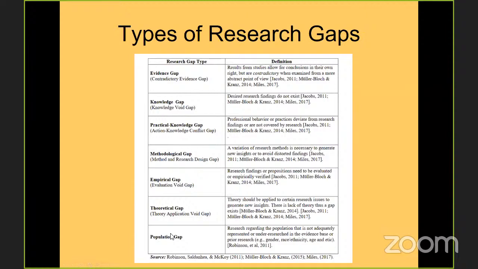As a general note, when you do a literature review, you should not only talk about population gap. Usually you're expected to also talk about some other kind of gap as well, because usually there's more than one type of gap. So when you do a lit review, you're supposed to say what the types of gaps are. But the point is, at least one gap should justify the research question.